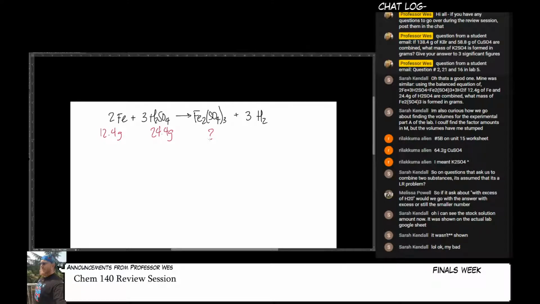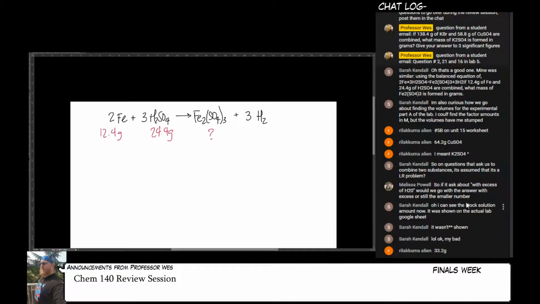So going down to these questions that are down here in the chat. So asking about these two right here. Any reaction where you combine two substances and the numbers are given for both is a limiting reactant problem, because one of those things will run out first.